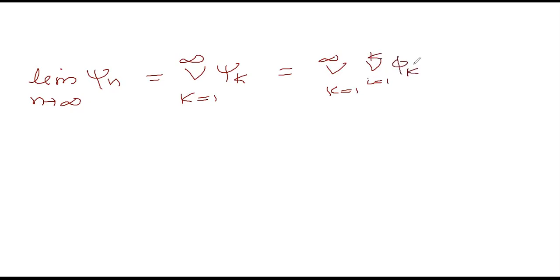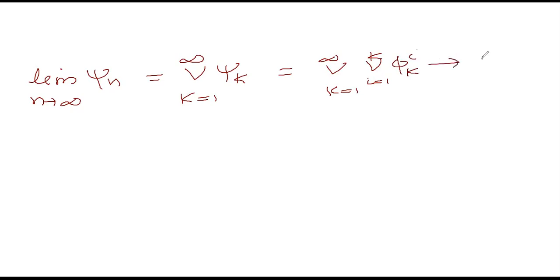Since psi n is an increasing sequence, this limit is actually the join, k runs from 1 to infinity, of psi k, and psi k is the join, i runs from 1 to k, of phi k,i.